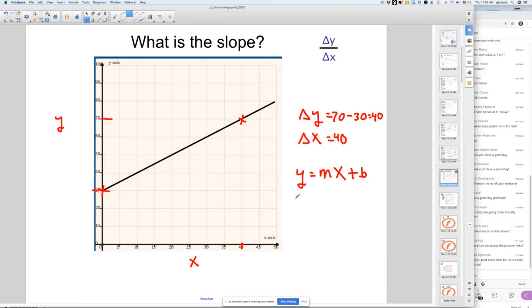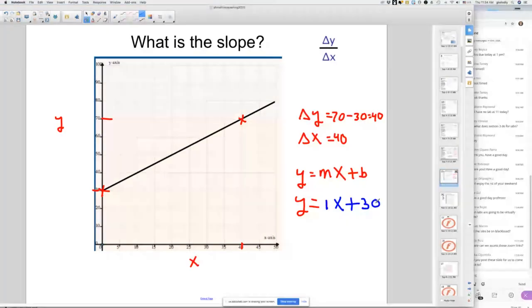The slope m happens to be 1. So y is equal to x plus 30 would be the equation of this line.